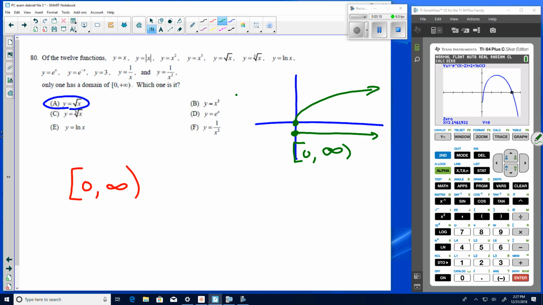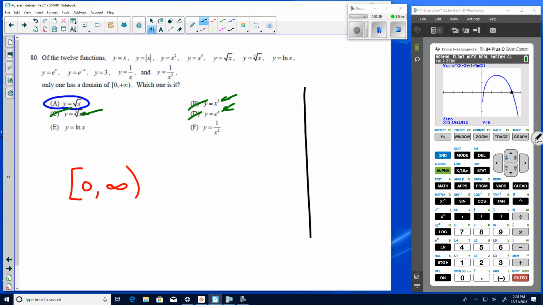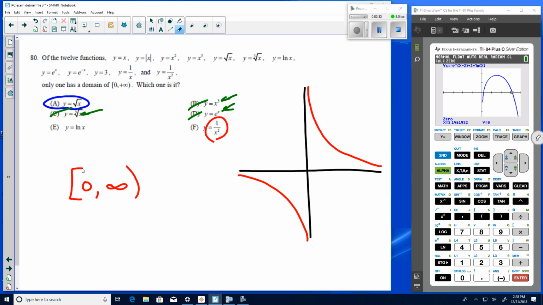This has a domain of all reals, so does this. So those are out. This has the domain of all reals, so that's out. The 1 over x, the reciprocal function, you should know pretty easily. That's this one, this rectangular hyperbola. The 1 over x squared takes this piece in the 3rd quadrant and moves it up to the 2nd quadrant, and the shape changes slightly.